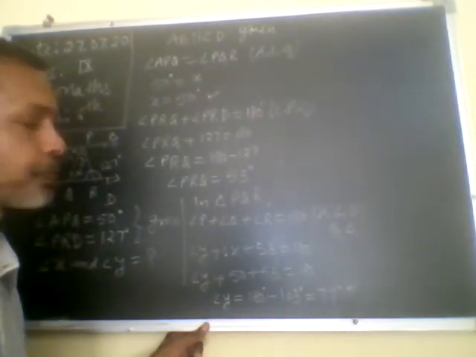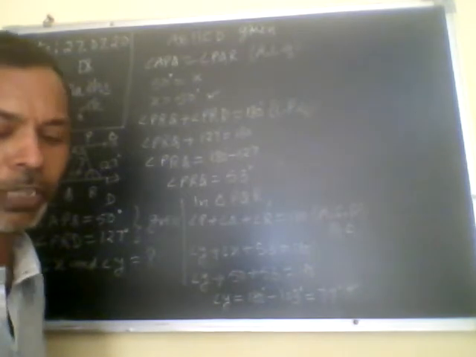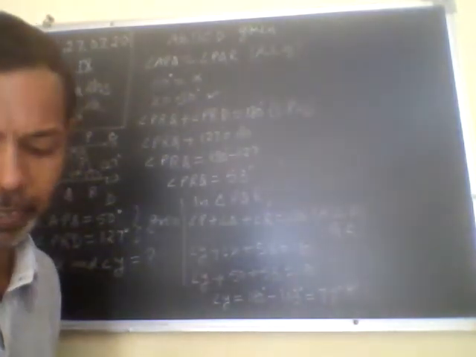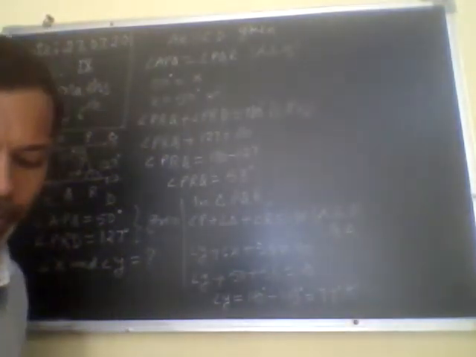Is it clear? Now come to the next and last question of this exercise, question 6. In question 6, PQ and RS are two mirrors placed parallel to each other.